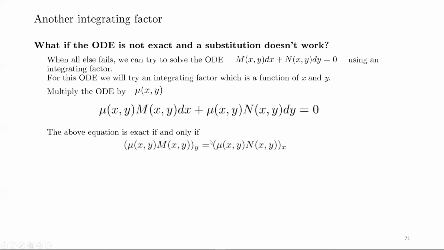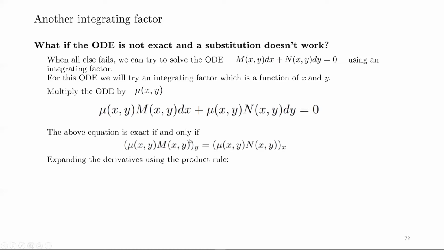Okay, and so if we look at either side of the equation here, we have two functions, mu and M. Both are functions of x and y. So if I take the partial derivative with respect to y, then I'm going to have a product rule.